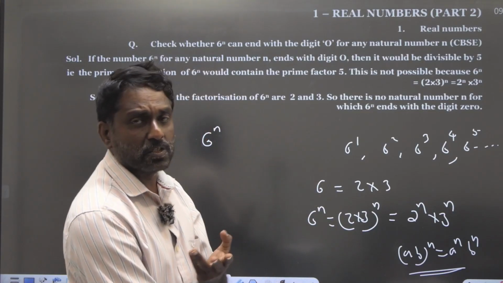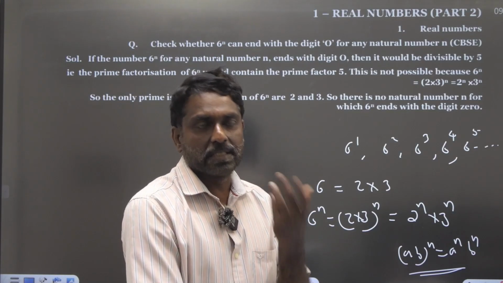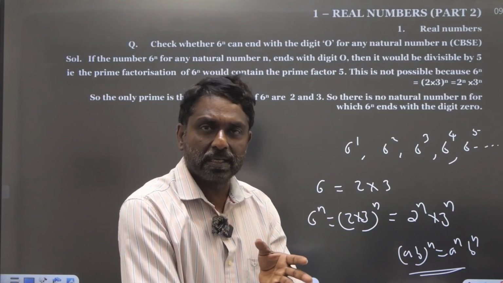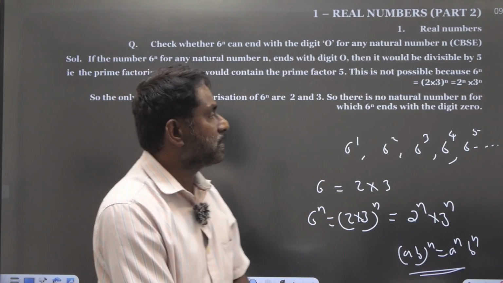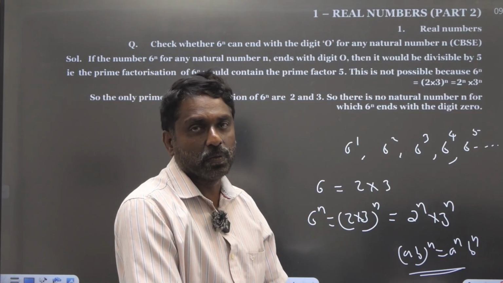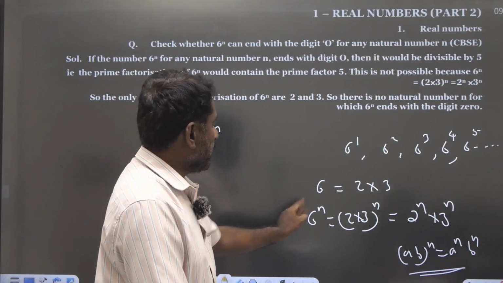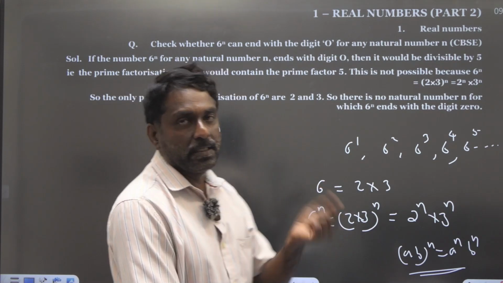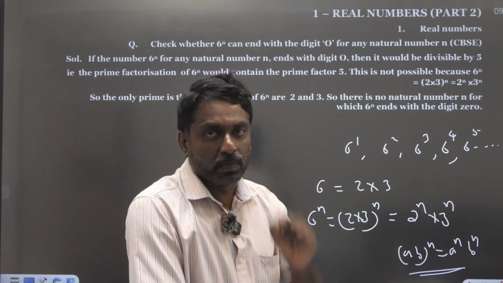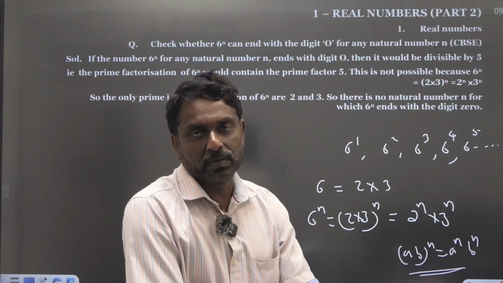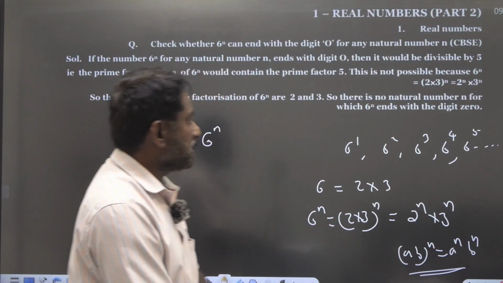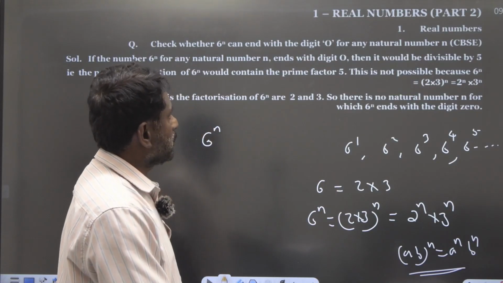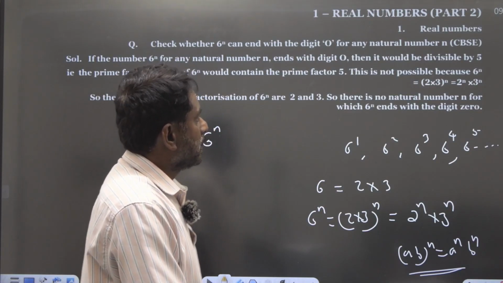Whether it is 6 raised to 1, 6 square, 6 cube, 6 raised to 10, 6 raised to 100, it never ends with the digit 0, because the only prime factors of 6 are 2 and 3. If a number ends with 0, it must be divisible by 5. That is the reason. Okay, right? It's the previous year question. The solution is also here. Then our next question.